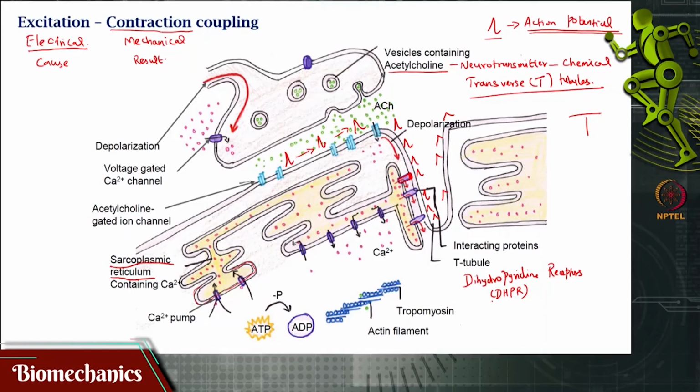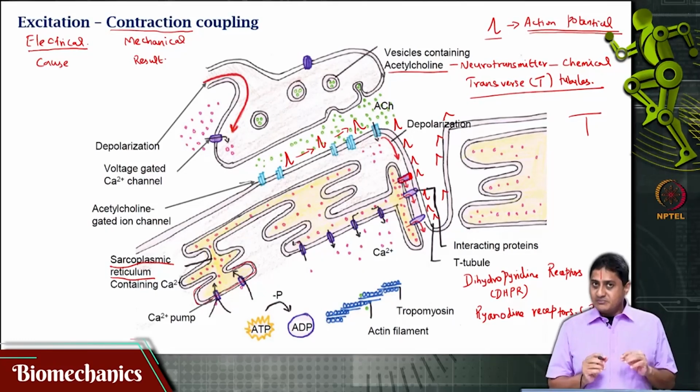And when they open, they also open the other door that they are connected to. That other door is present not on the T tubule, but on the sarcoplasmic reticulum. That other channel is called the ryanodine receptors, or RYR.